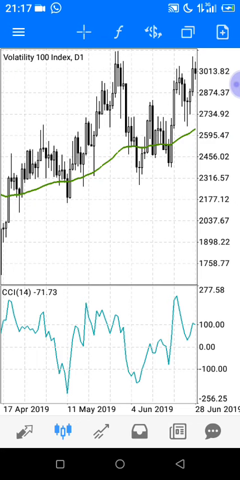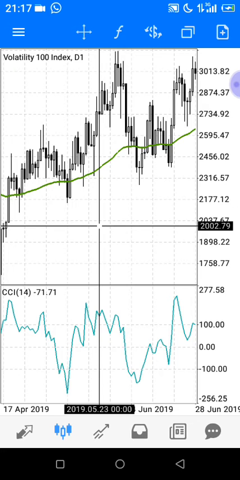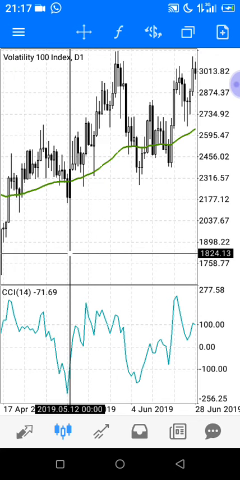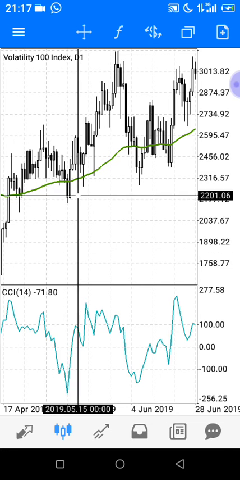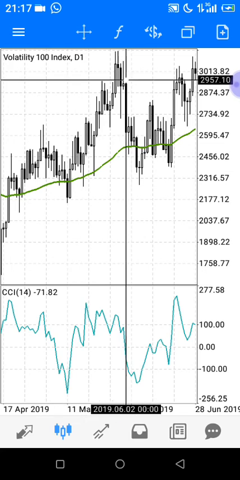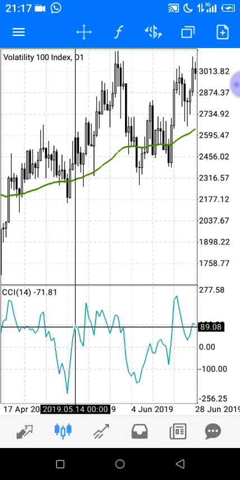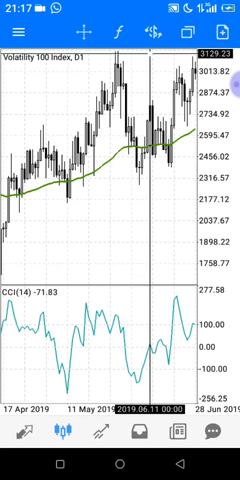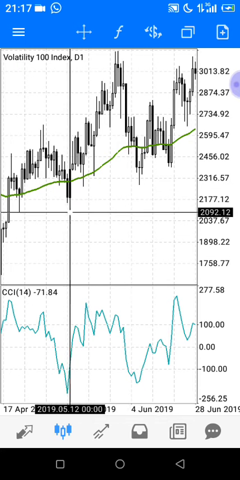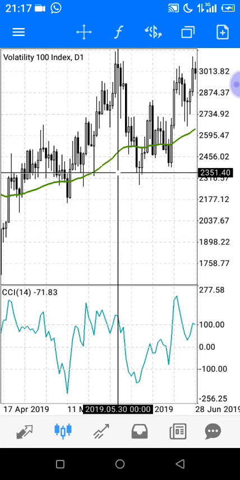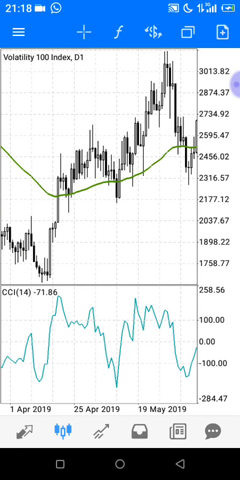Let's look at another example. 12 May. It did close above, and the value was close to 100, so it was a good risk to take, and it did buy for quite some days.